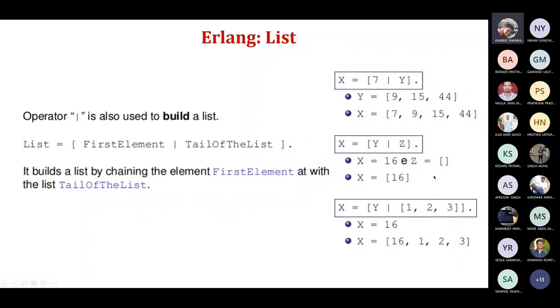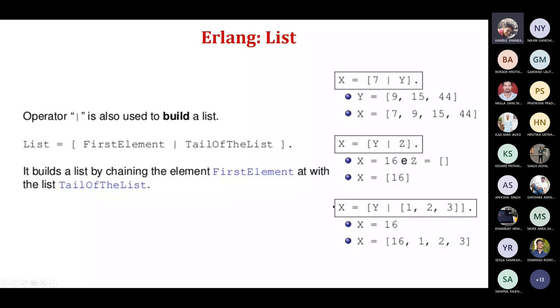What will x be now? x is actually a hexadecimal number e, right? So it should be 16e here, because z is empty, it is not going to append anything. So it will have only this 16e. So e is basically a hexadecimal number.